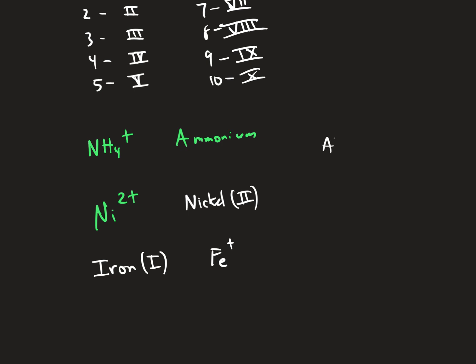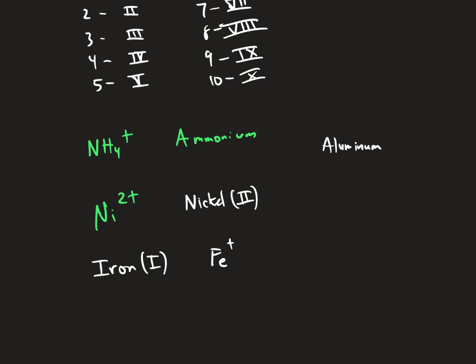What about aluminum? What is the cation formula for aluminum? Use your periodic table. What kind of metal is aluminum? Main group or transition? Main group.